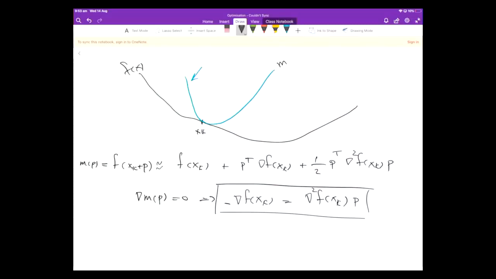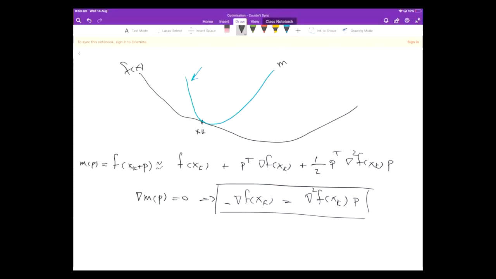So if I solve it, what do I obtain? It is the Newton step, right? So this is another way of deriving the Newton step, other than the Newton-Raphson type idea of root finding.